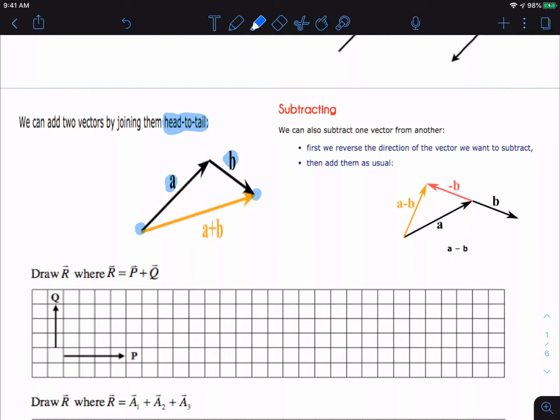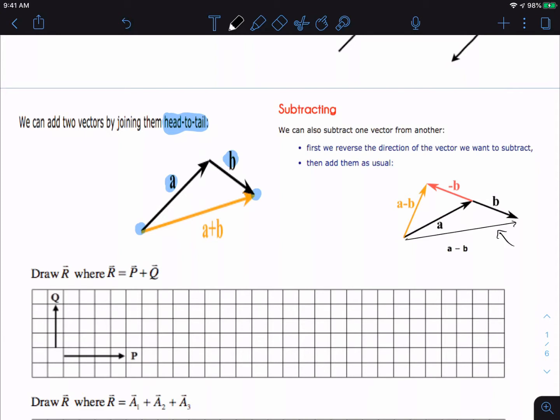Okay. Now, one of the things that's cool is if we're going to subtract them. Now, the blacks are the original vectors, right? So if we're going to go A minus B, instead of having it be this result that would have been here, that would have been A plus B, right?